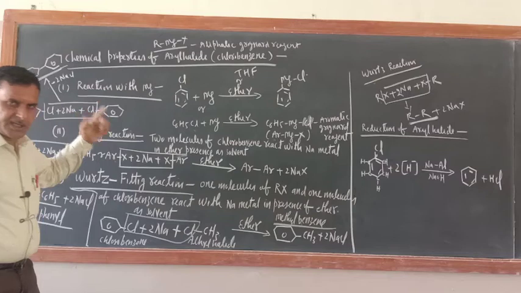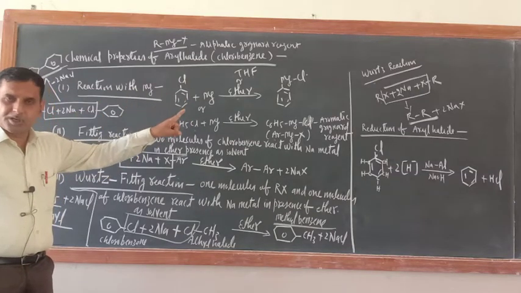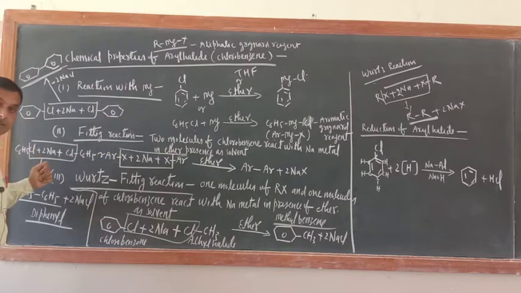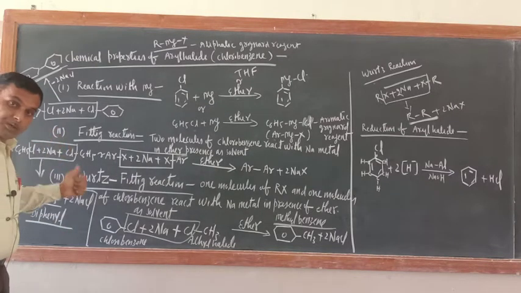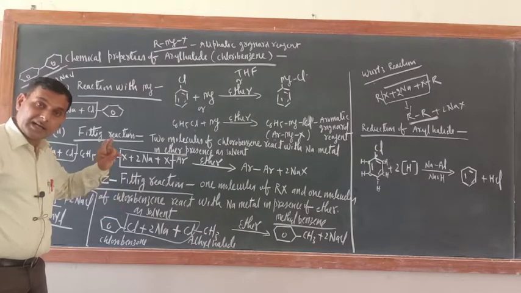So just see here, in Wurtz reaction, the product is alkane, okay. In Fittig reaction, the product is diphenyl, diaryl, okay. In Wurtz-Fittig, what is the product? Alkyl aryl.